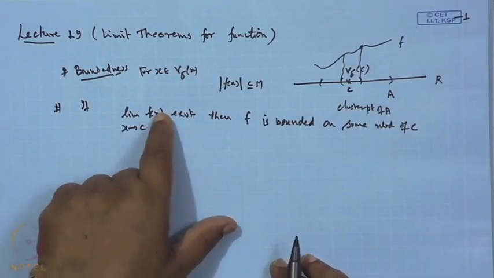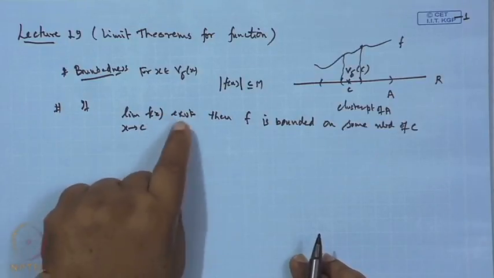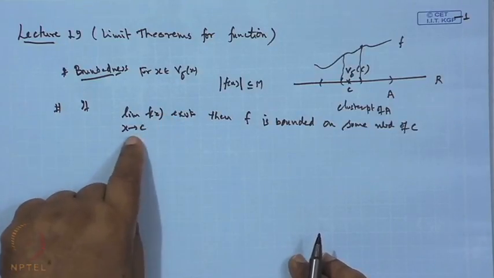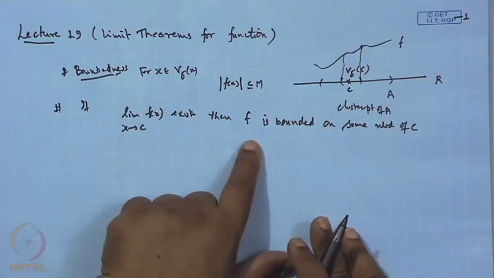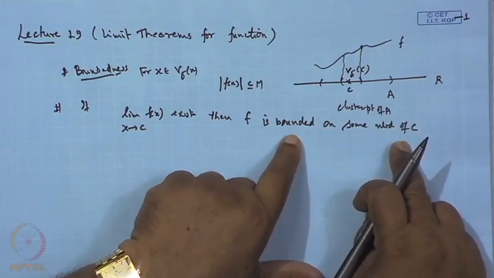Now, this result we have proved only one side. If the limit of f(x) when x tends to C exists, then only can we say the function is a bounded function.